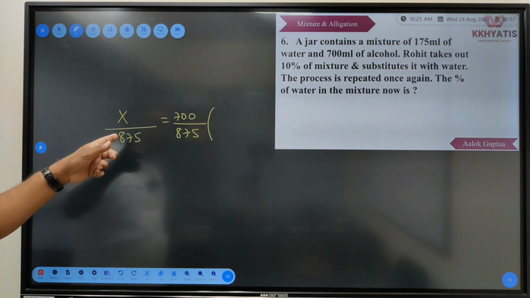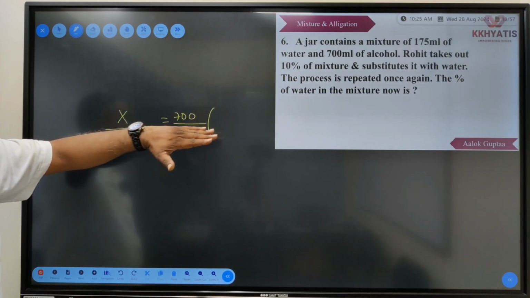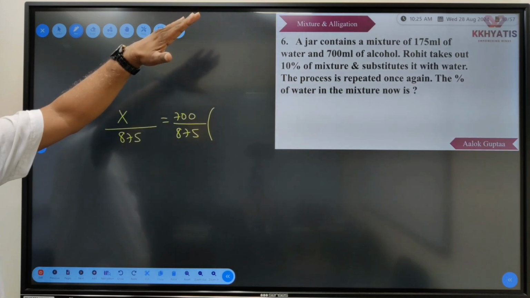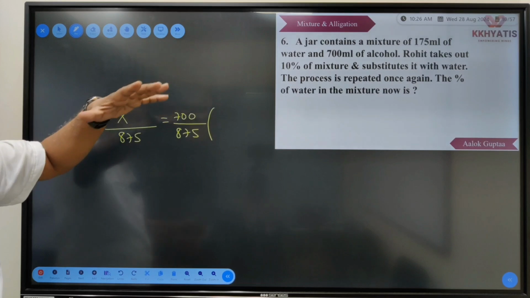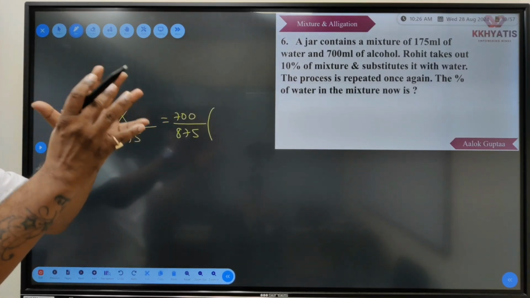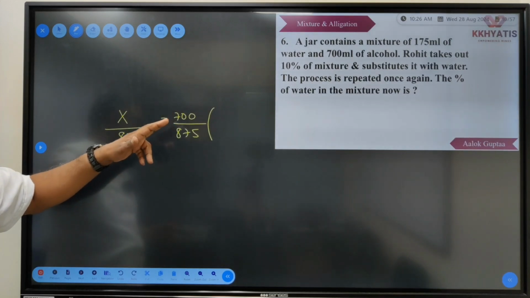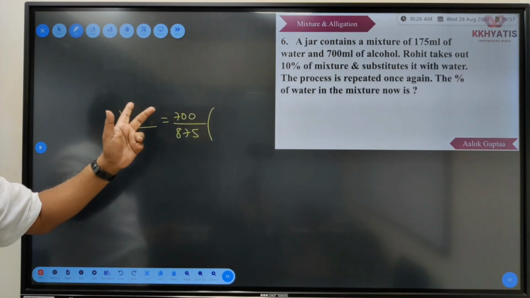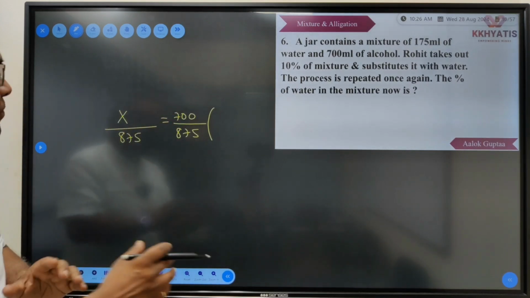So when I'm doing this formula, sometimes people just say final quantity is initial quantity into fraction left raised to the number of times the operation is done. But that is okay when the initial quantity is only one type, milk or alcohol or whatever. But here this formula is useful because it is a solution, and in the solution of water and alcohol we have to apply the formula on alcohol. So 700 upon 875 will come here.